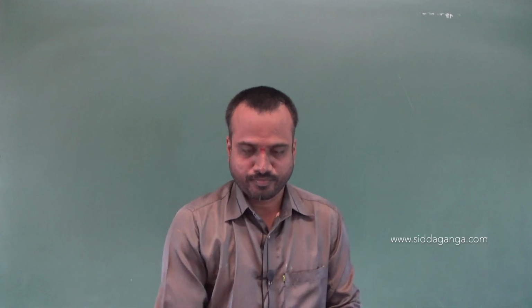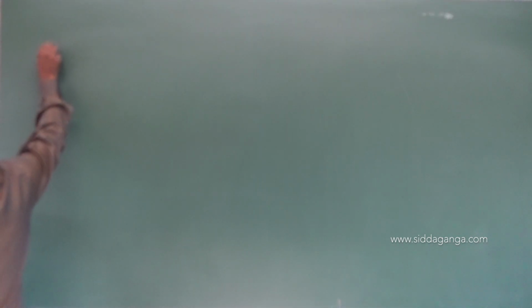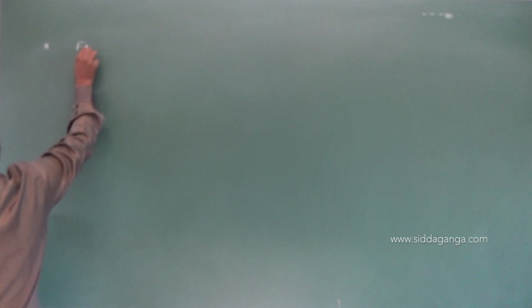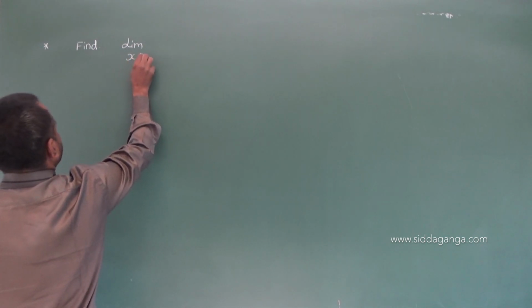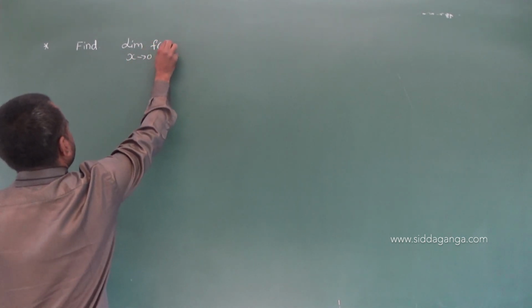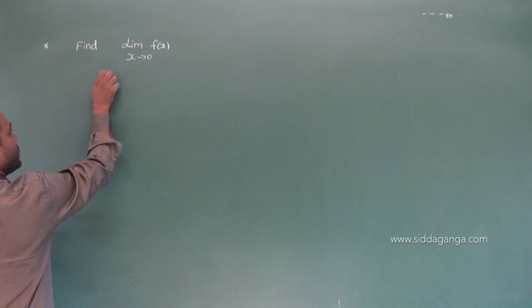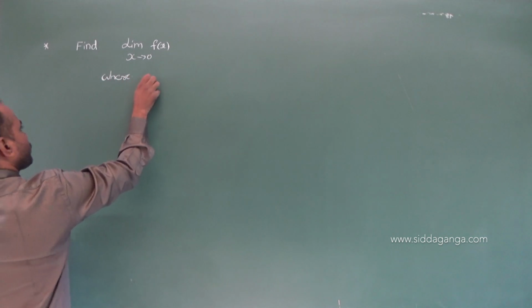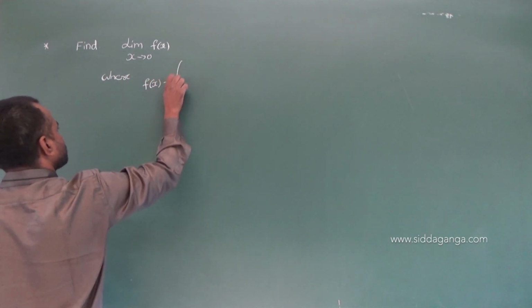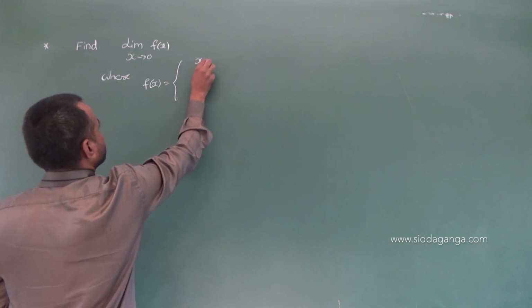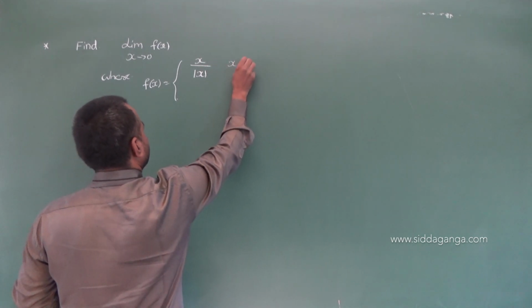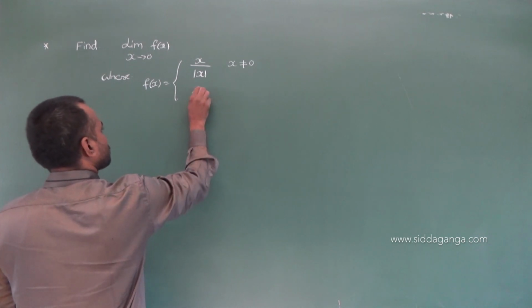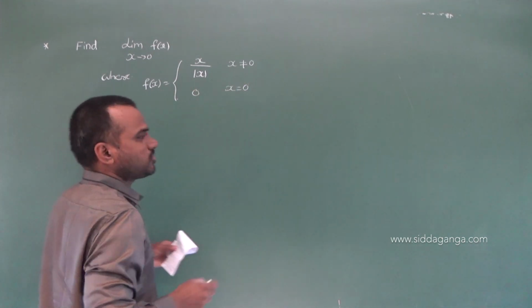Next problem. Find limit x tends to 0 of f of x, where f of x is equal to x divided by mod x if x is not equal to 0, and 0 if x is equal to 0.